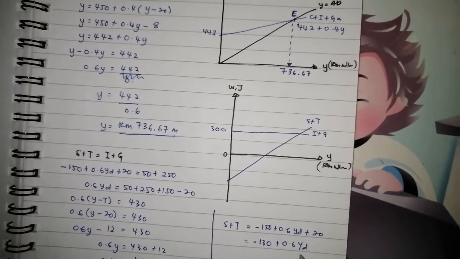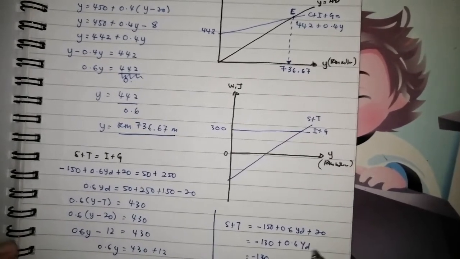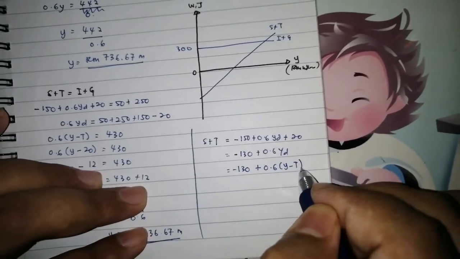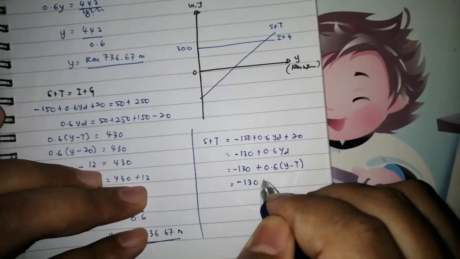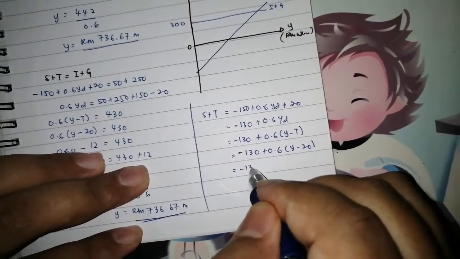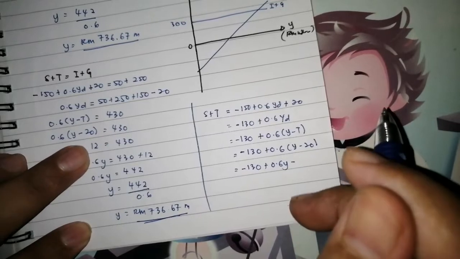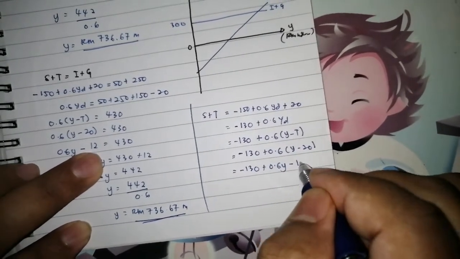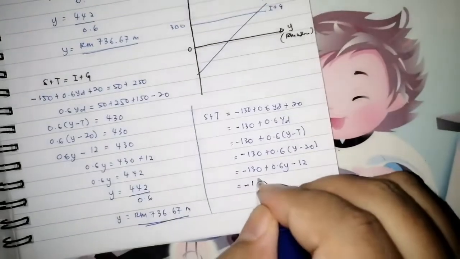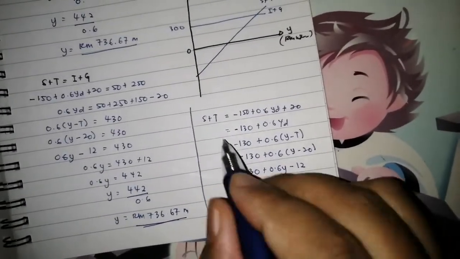This is the equation in YD, or you can use the equation for Y. So S plus T equal to negative 130 plus 0.6 times Y minus T, negative 130 plus 0.6 times Y minus 20, equal negative 130 plus 0.6Y minus 0.6 times 20 equal to 12. So here negative 142 plus 0.6Y.